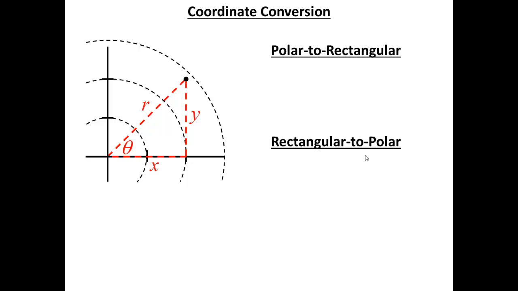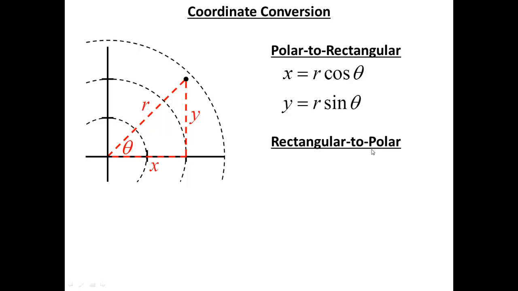Alright, so to recap, if I want to convert between polar and rectangular, we're just using those same formulas that we used back in the vector section, and the same formulas that we used back in right triangle trigonometry. The relationship between the radius, the x and the y is the Pythagorean theorem, and for the angle, depending on which direction you're going, you can either use the inverse tangent if you're looking for the angle, or you can use sine and cosine paired with the radius to figure out the x and y components.